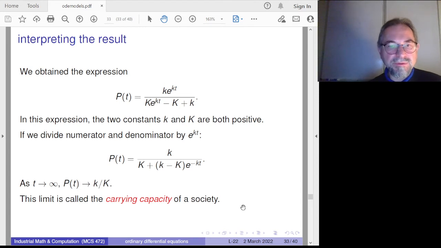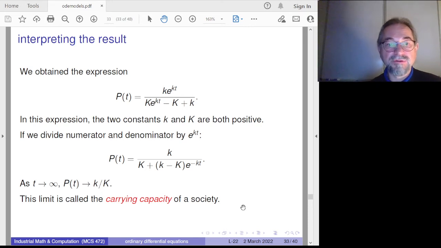And now we see that if we look at the long term growth model of our population, and we are mathematicians, we let this time go to infinity, then the exponential dies off. So now actually we have exponential decay in the denominator, and our entire expression simplifies to this ratio.